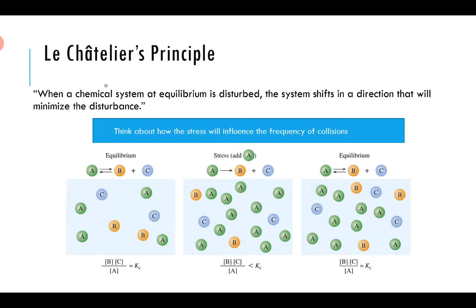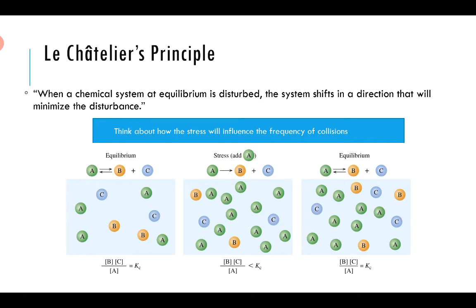So Le Chatelier's principle, he came up with this principle a really long time ago before they really understood molecules and atoms and stuff, but his principle says when a chemical system at equilibrium is disturbed, the system shifts in a direction that will minimize the disturbance.